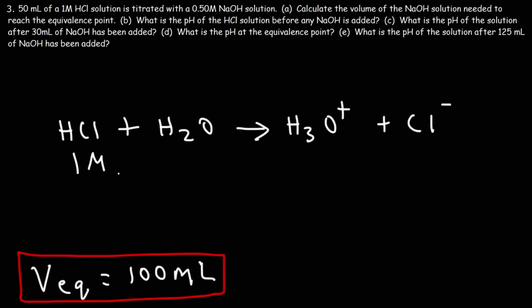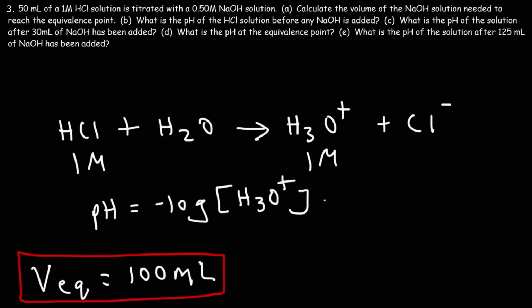So a 1 molar HCl solution will produce a 1 molar H3O+ solution. So the pH is going to be negative log of the H3O+ concentration. So that's going to be negative log of 1. Negative log of 1 is 0. So the pH of that solution will be 0.